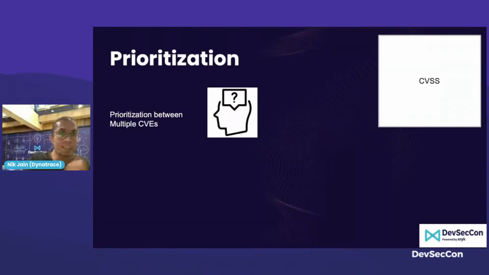Now, the second challenge or question to answer is, how do you prioritize when you have multiple CVEs? The challenge with existing scoring systems like CVSS is it's too locked down and it assumes the worst case scenario. These systems are designed to be risk averse, which means that for any given vulnerability, the assigned score assumes the worst case, and the CVSS specification does not allow for any modification based on topology.